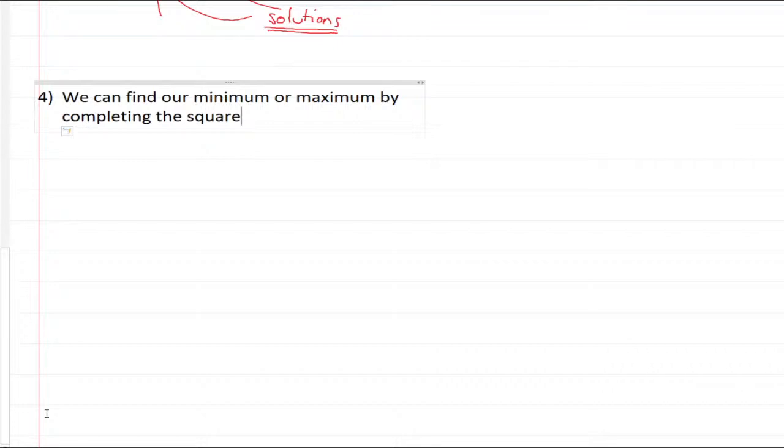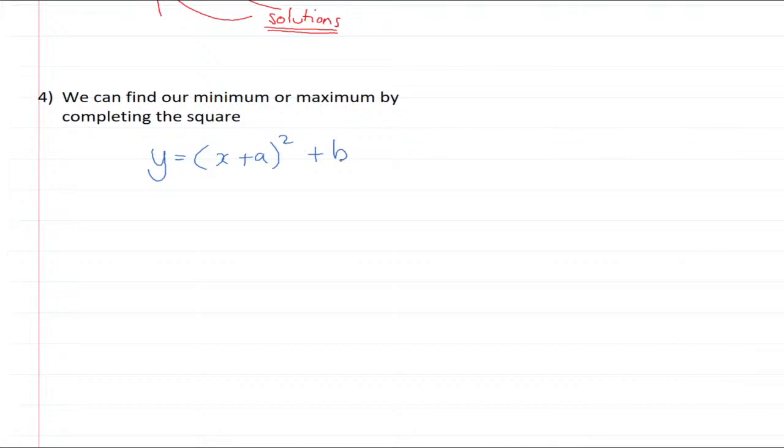So, if it's in the format y equals x plus a squared plus b, if it's in that format, inside my bracket is the opposite, and it's the what coordinate? Inside the bracket is my x coordinate, and it's the opposite symbol.